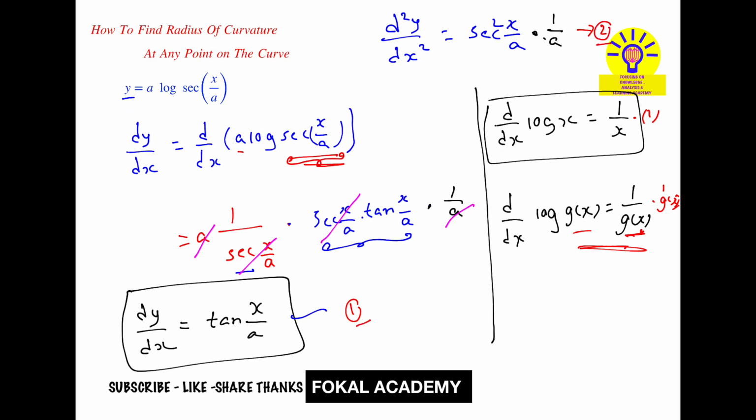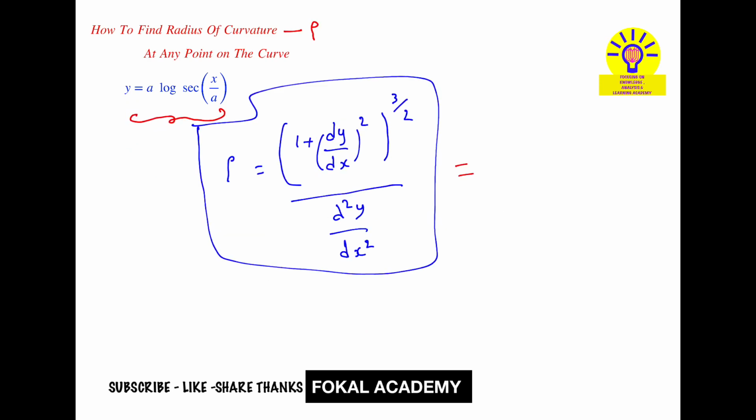So that is here: 1 plus dy by dx, which we got as tan of x by a. Here a square is there, apply the square, it becomes tan square of x by a. The overall power is 3 by 2, upon the second derivative we got, secant square of x by a into 1 by a.